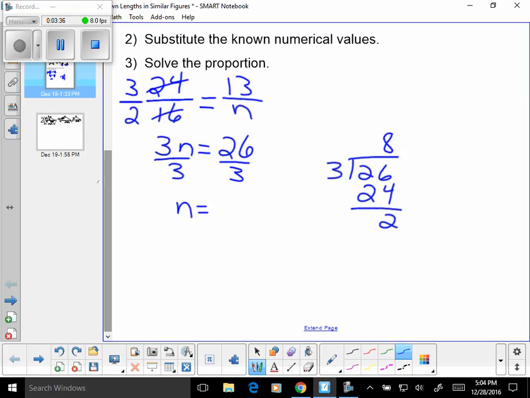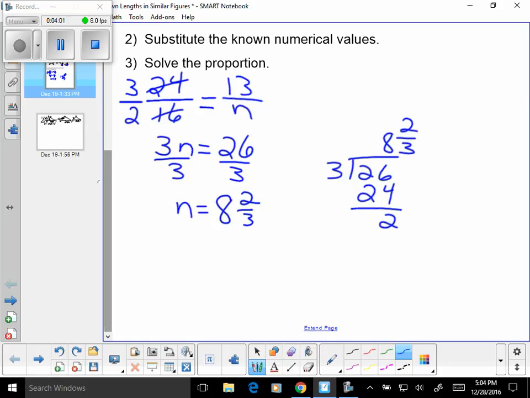But in measurement, repeating decimals really don't have meaning. 2/3, however, has meaning. If this were a foot, for example, I know what 2/3 of a foot is. It's 8 inches. Now here's where I express this particular quotient as 8 and the remainder 2 over the divisor. So it's 8 and 2/3.